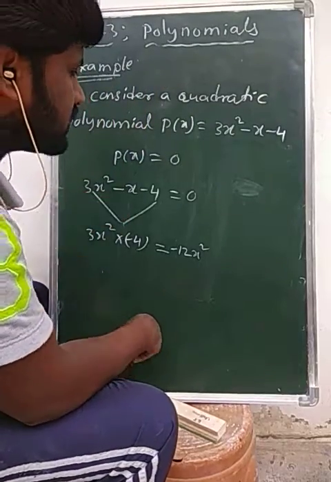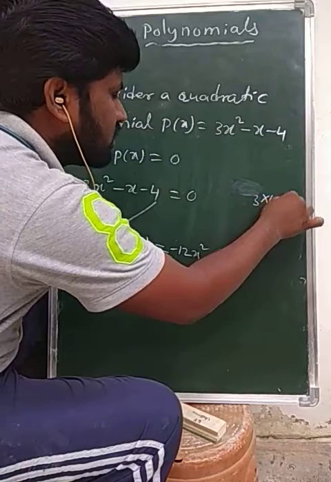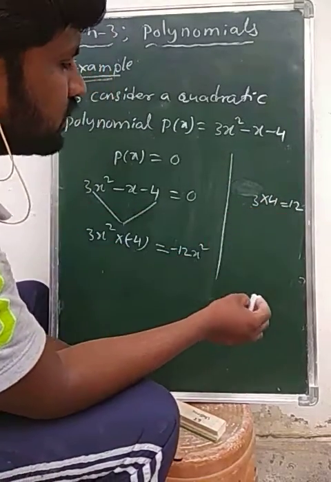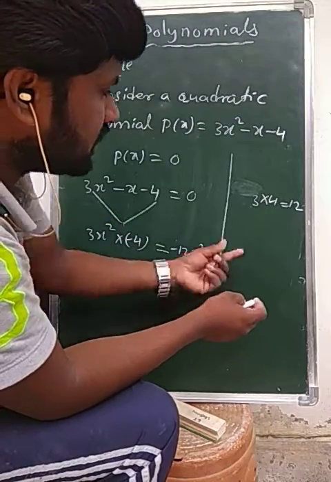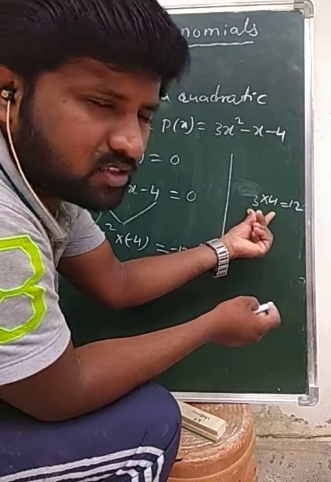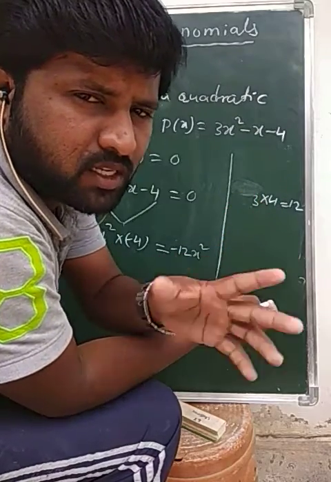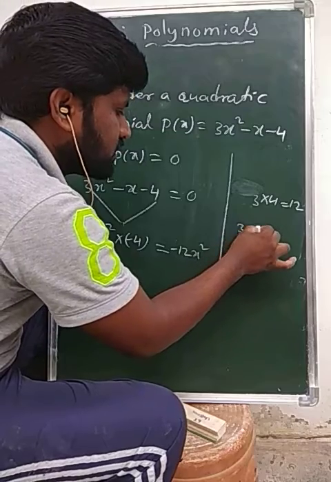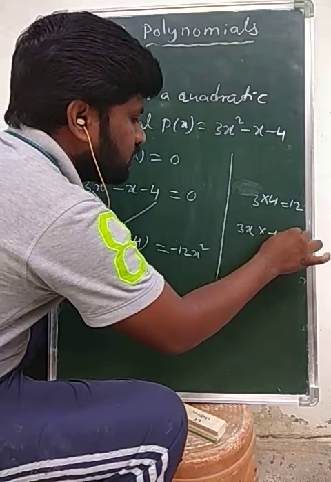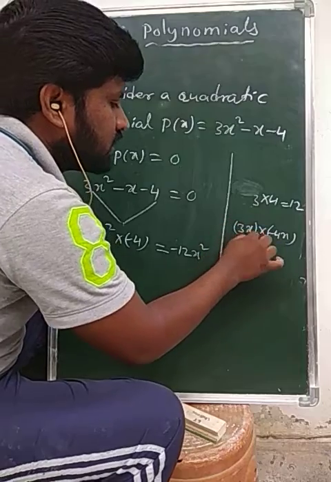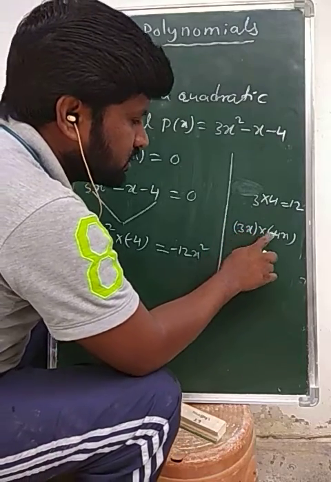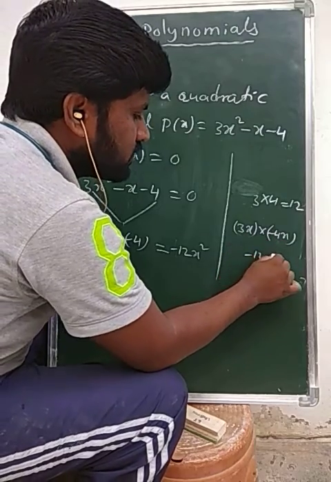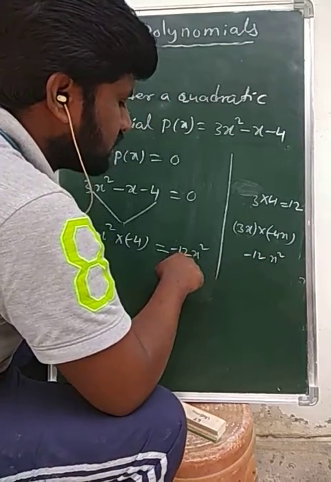So that's why I am taking 3 4s are 12. So 3 and 4, these two are factors of 12, satisfying this condition. We take these two factors, their product should be minus 12. So I am taking 3x into minus 4x: 3 into minus 4 is minus 12, x into x is x square, so I get minus 12x square.